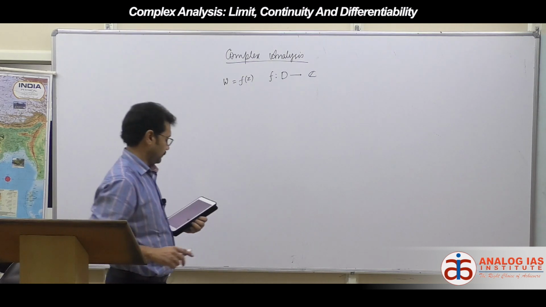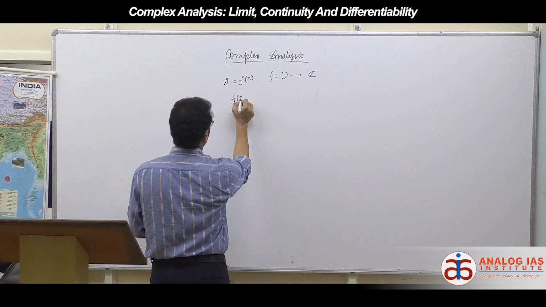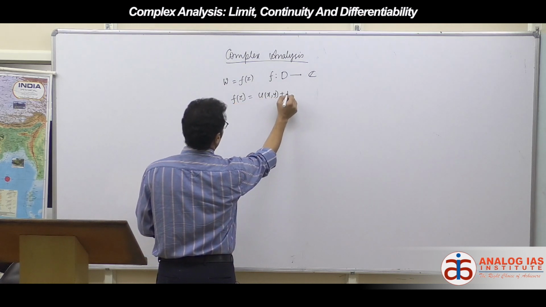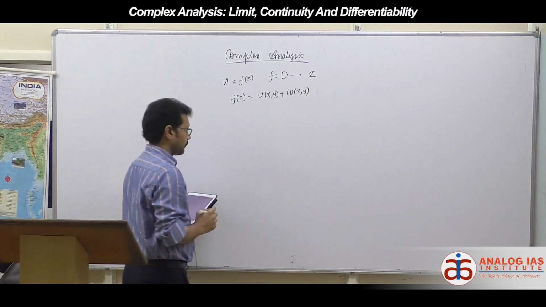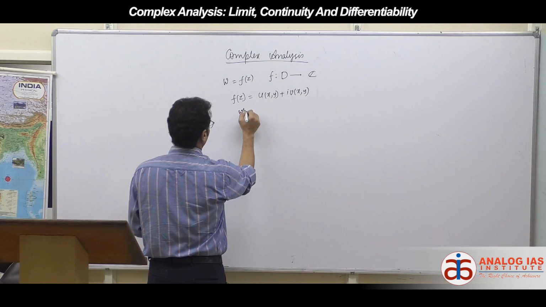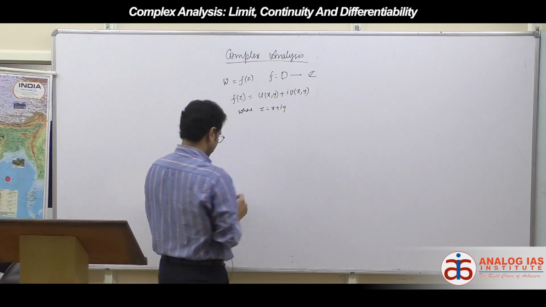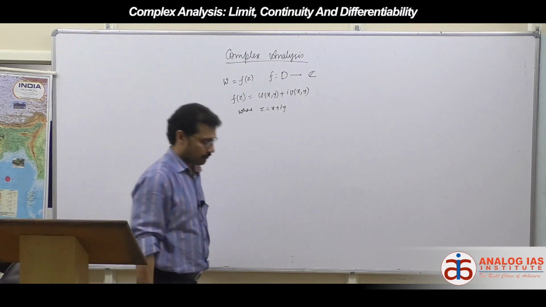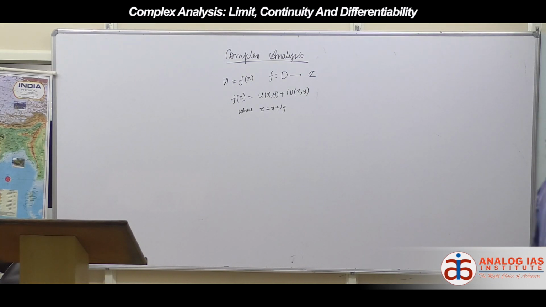Then f of z equal to u of x comma y plus i v of x comma y, where z equal to x plus iy, is called a complex function.